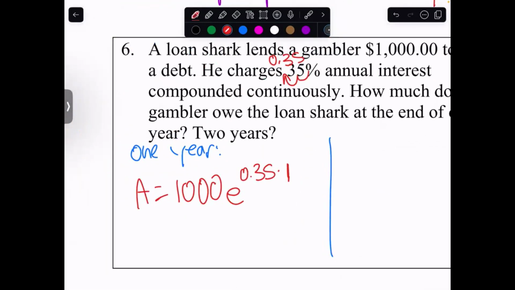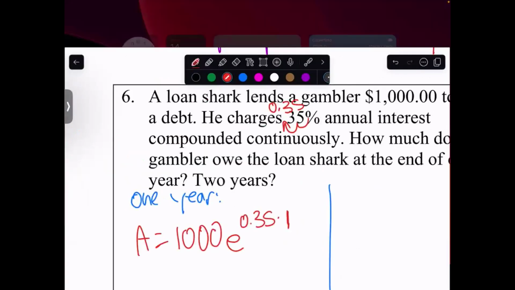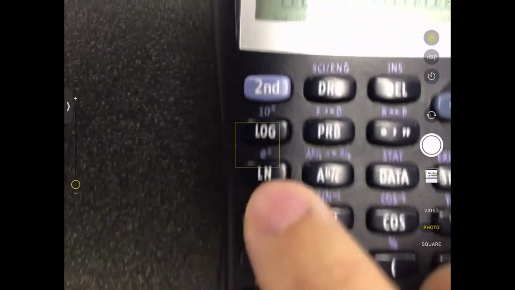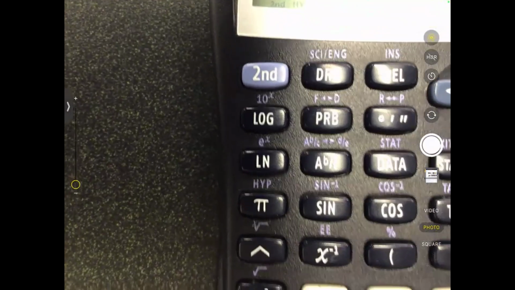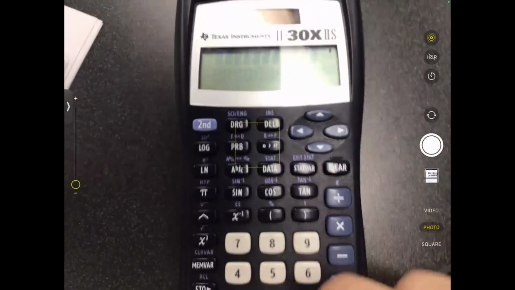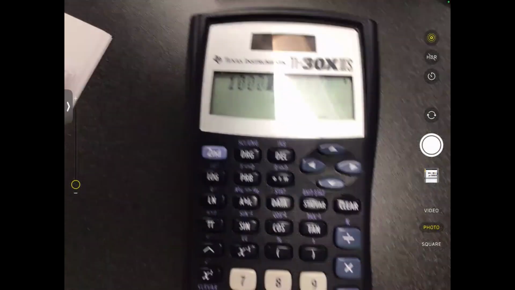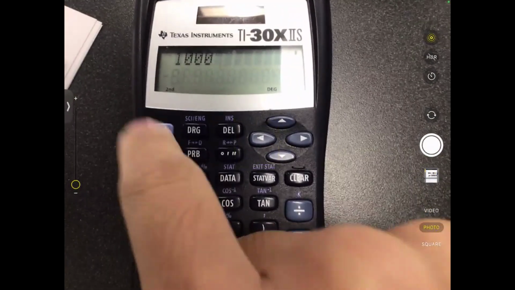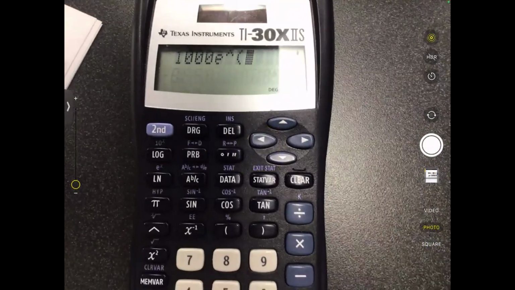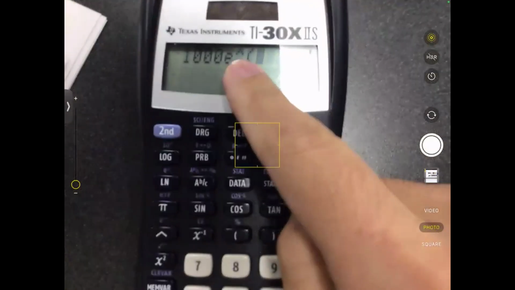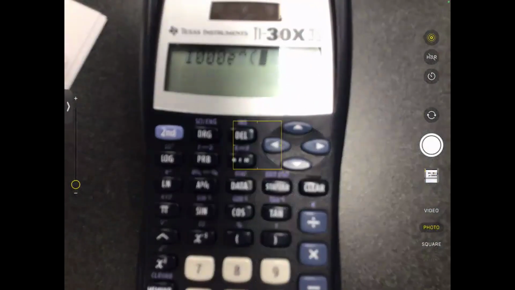Again, your calculator has an e button on it. You just need to find it. For me, it's right above this LN button. You can see this e to the power of x printed in blue. I would type in 1000, the principal, and then press second and that button. You notice it does the exponent and parentheses for me.